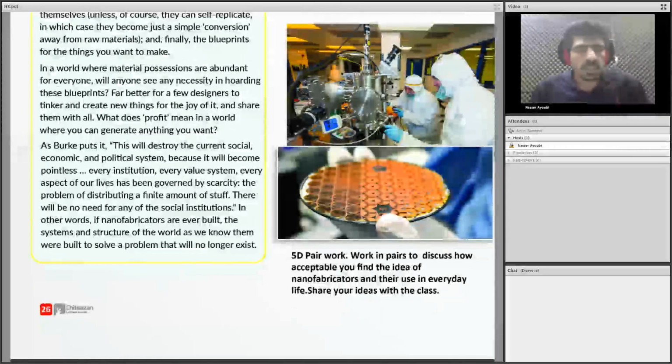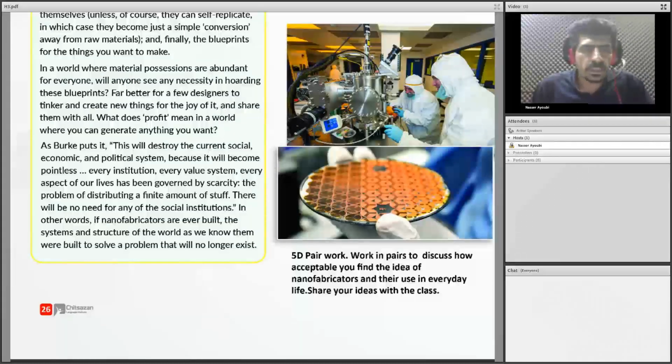Well, the last paragraph offers the answer for the question. If nanofabricators are ever built, the systems and structures of the world as we know them were built to solve a problem that will no longer exist.